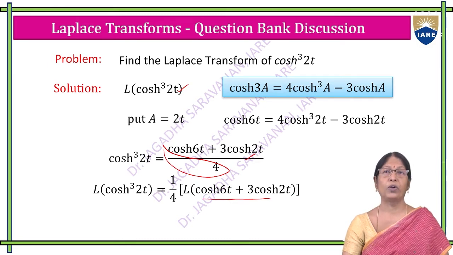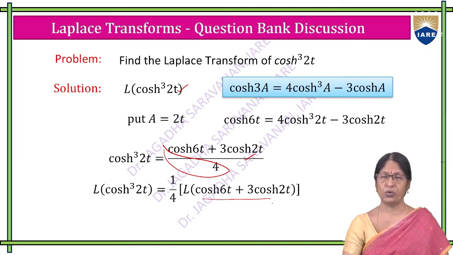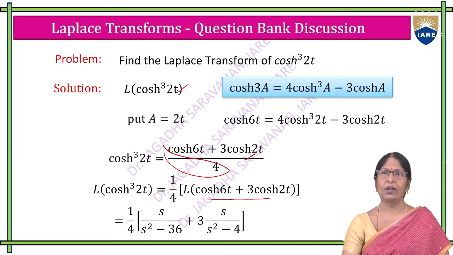Again we are going to face a problem, because for L of a single term we know the cosh at formula, s by s square minus a square. But L of two terms, what to do? So another property is there, the linearity property.